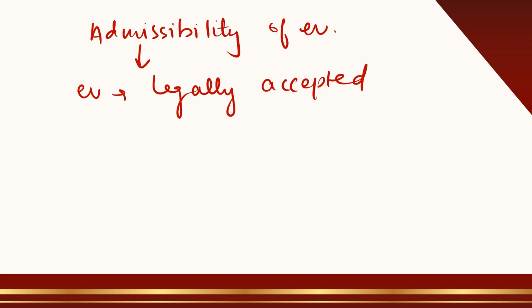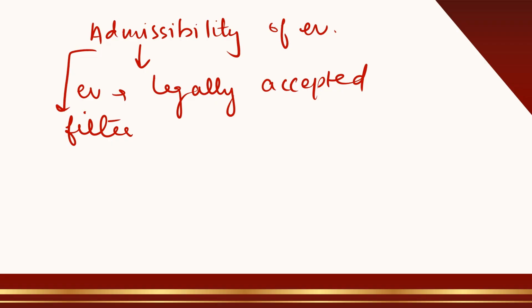If an item of evidence isn't admissible, it may be ignored or given very little weight, even if it seems relevant to you. If evidence is not admissible, the judges cannot rely on it, no matter how interesting or logical it looks to you. So admissibility basically acts like a filter. Only those pieces of evidence that meet the legal standards are allowed to pass through and influence the verdict.